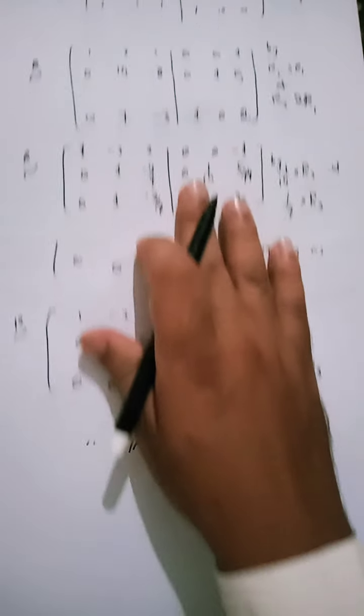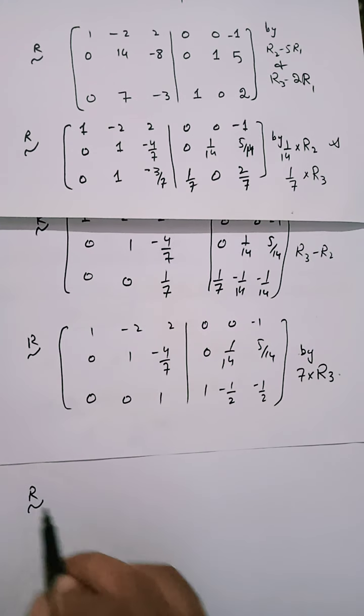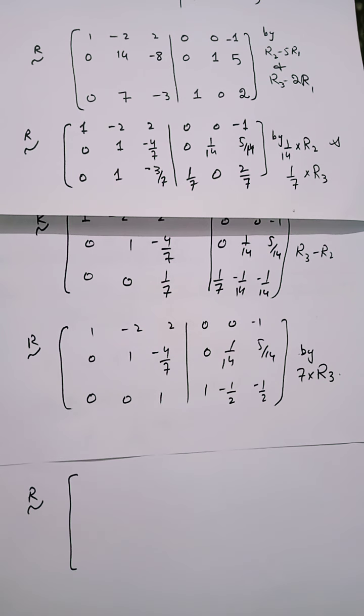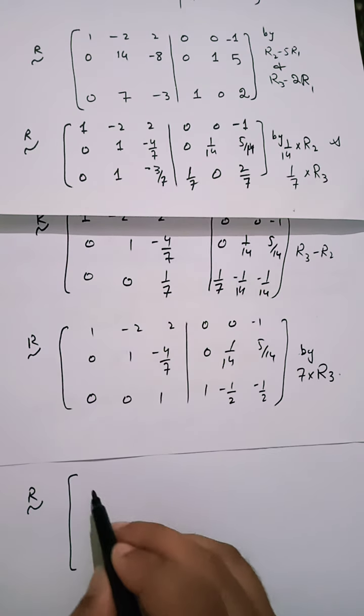Now row equivalent, if I add 4 divided by 7 times R3 with R2, this number will become 0.